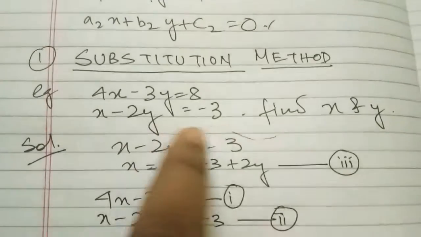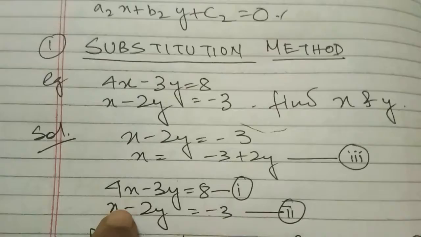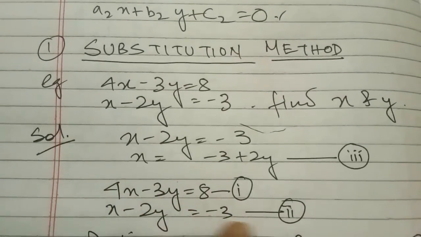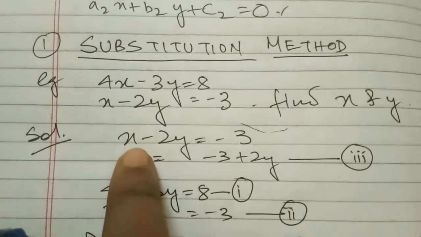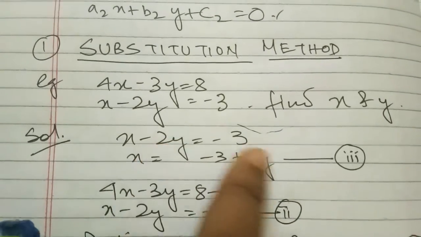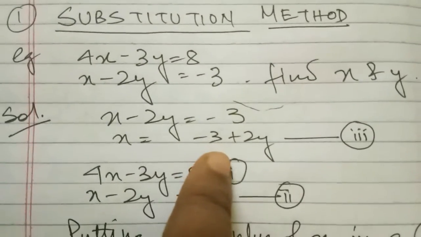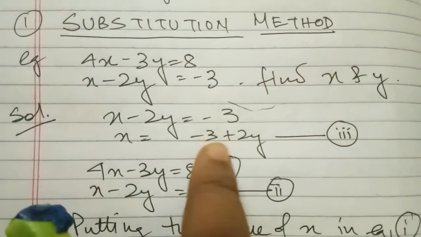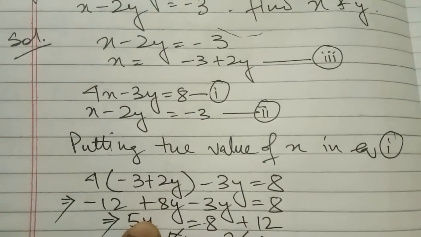From the question, this one and this one are the first and second equations. From the second equation I have transposed minus 2y to the right hand side, so x equals minus 3 plus 2y, which is equation 3. Now I put the value of x in equation 1.